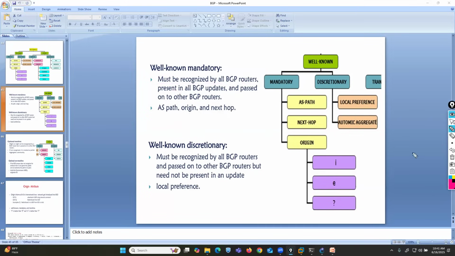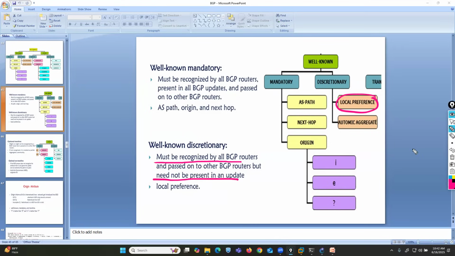Now, well-known discretionary attributes include local preference and atomic aggregate. We are trying to focus on local preference and one Cisco attribute, weight, which is a Cisco attribute for BGP. Well-known discretionary must be recognized by all BGP routers and passed on to other BGP routers, but need not be present in an update.